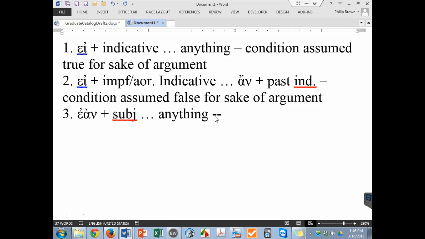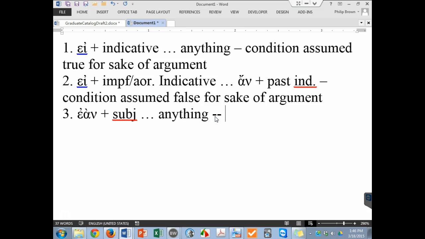I think that's an unhelpful label for students to learn, because when they think, okay, ean plus the subjunctive, future more probable, that means the protasis is more likely to happen than less likely to happen. Well, that may be the case in many instances, but it's not the case in other instances.